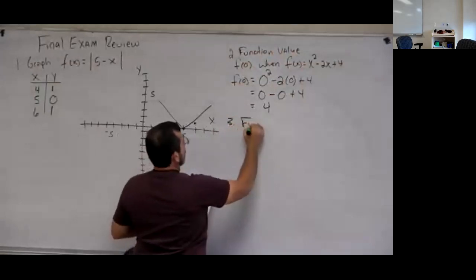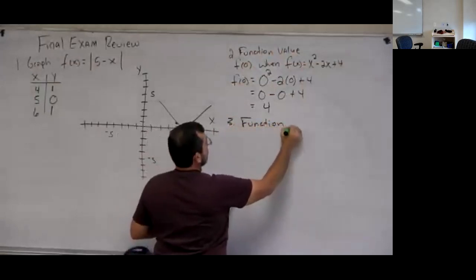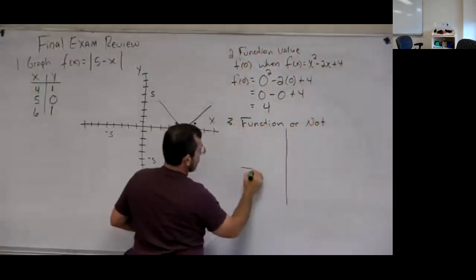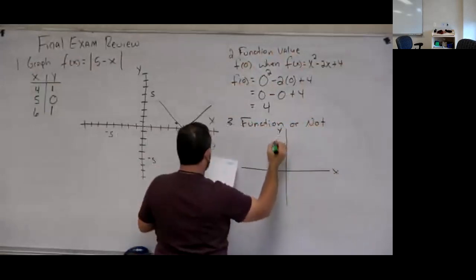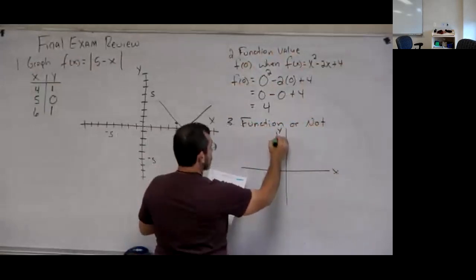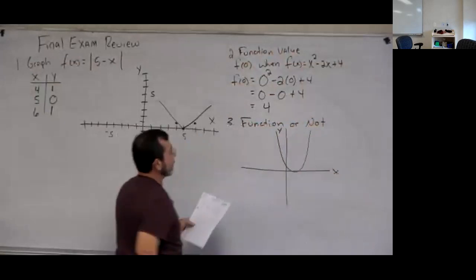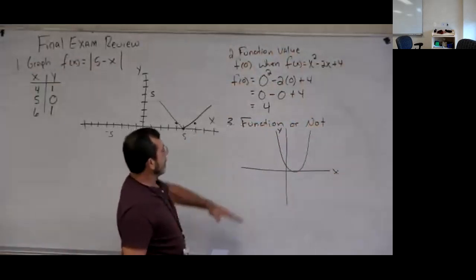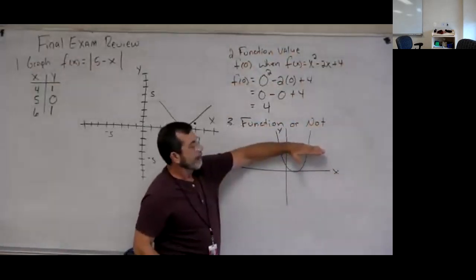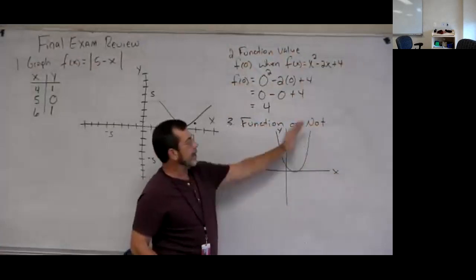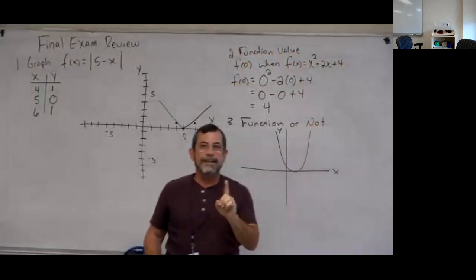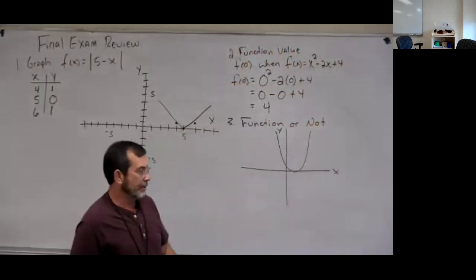All right, function or not? I just want to sort of draw my parabola like that again. So this question wants to know if this is a function or not. If it's a function, a vertical line cannot intersect that graph more than once.